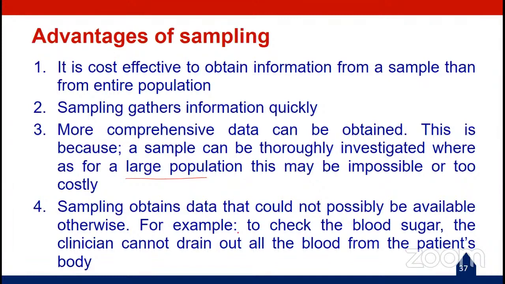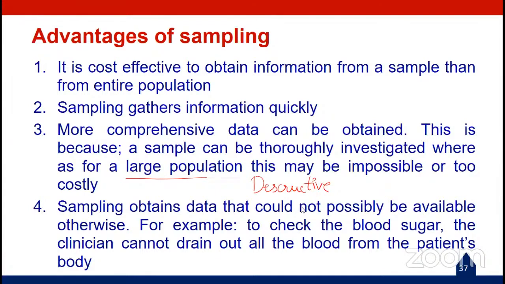And if the study is destructive, for example, if you want to know how long a bulb survives, or you make a material and want to know how strong it is, in such cases, if the study involves destruction of something, then sampling is inevitable.